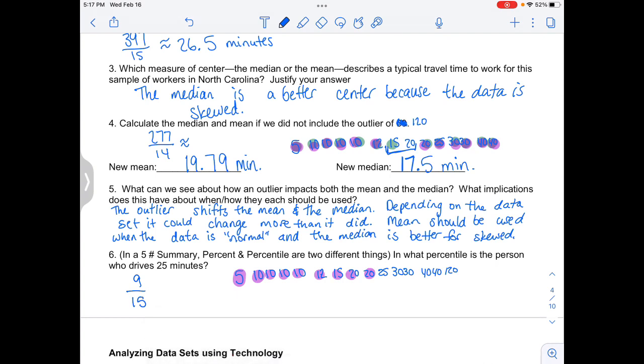Oops, don't have my calculator up anymore. That's okay. I know that 9 divided by 15 is actually 0.6. And since we're asking for a percentage, you can either multiply that by 100 or convert to a percent, which means 25 is in the 60th percentile.